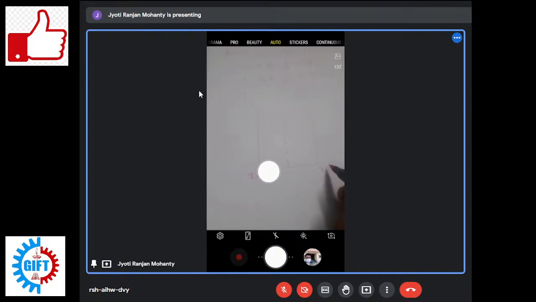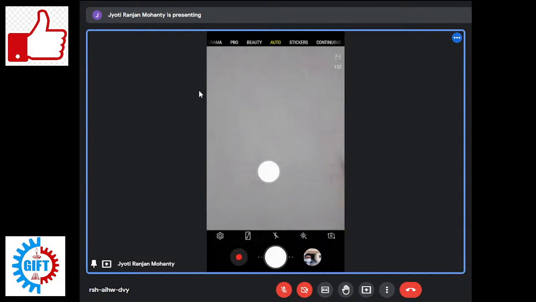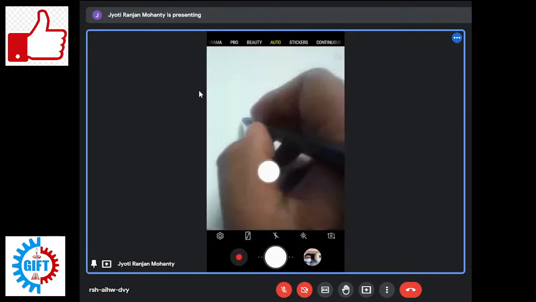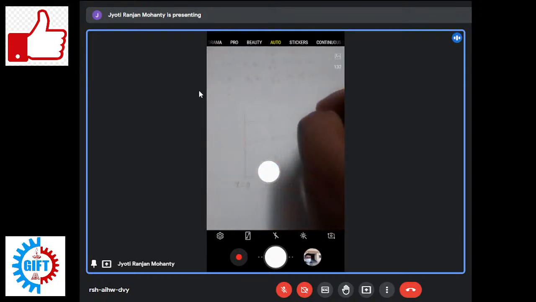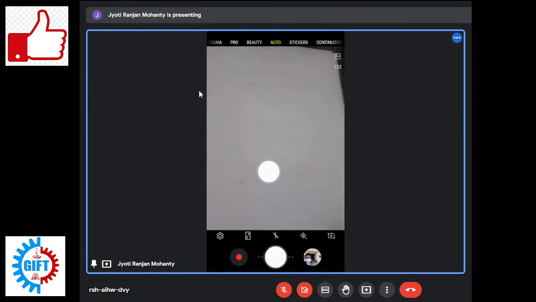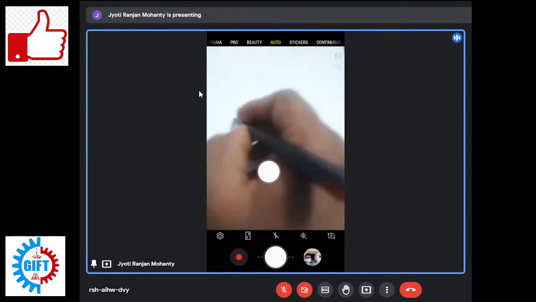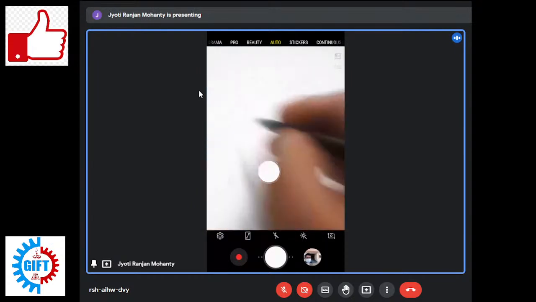So, psi 1, psi 2, this is psi 3. So here n is equal to 1, n is equal to 2, n is equal to 3.